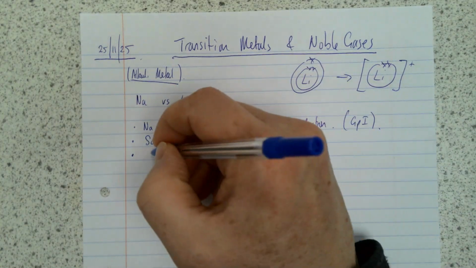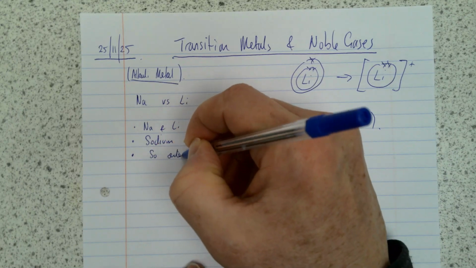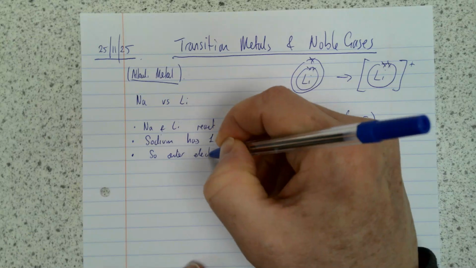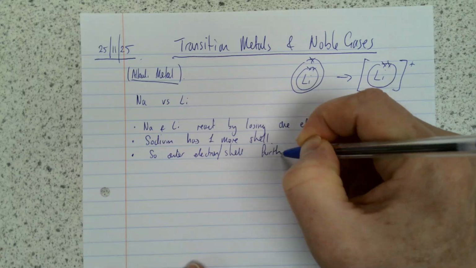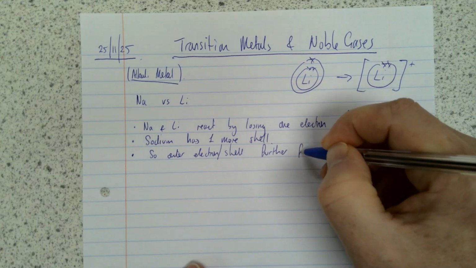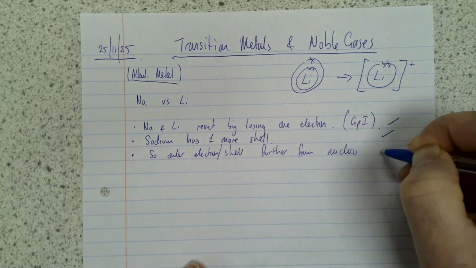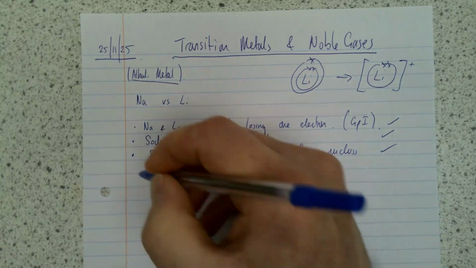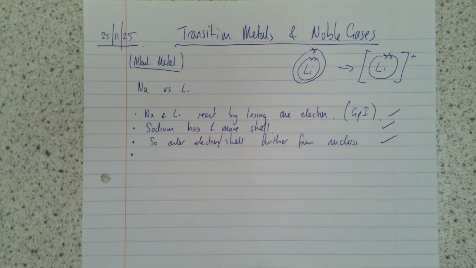And so that outer shell is further from the nucleus. So the outer electron, or if you like shell, is further from the nucleus. So it's a tick for that, tick for that, tick for that. Three so far. Show me with fingers how many ticks you've got so far, please.